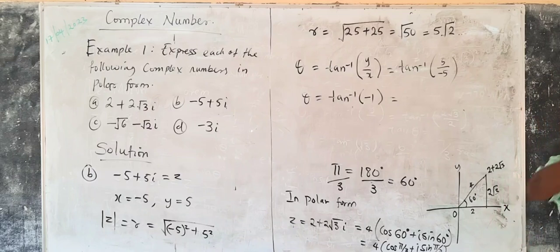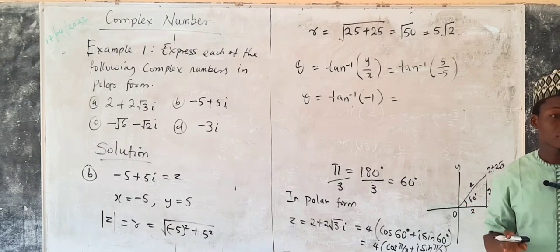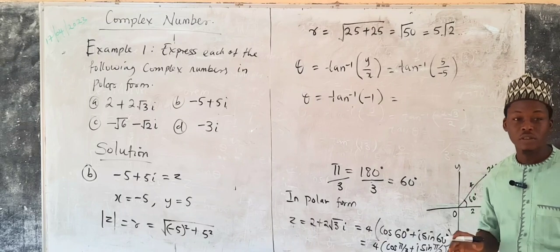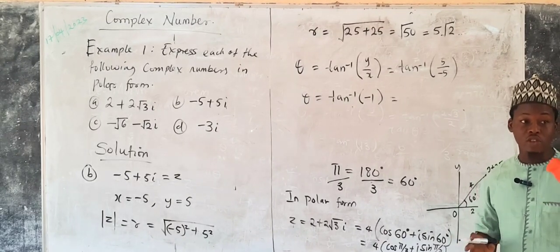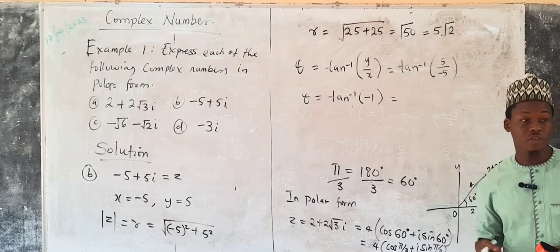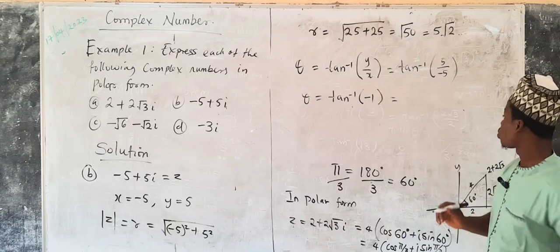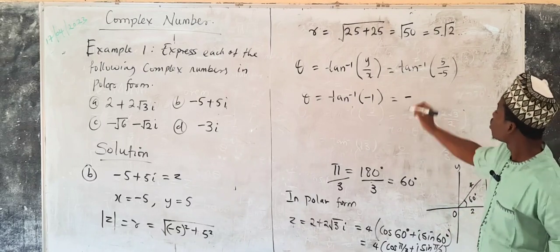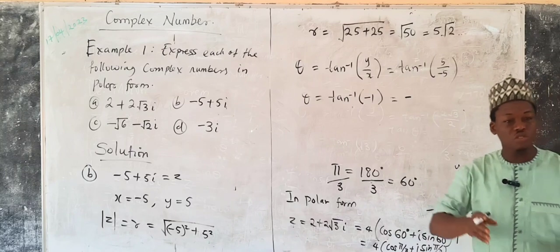Yes, you can do it. It's going to be on the second quadrant now. So 180 minus 45.